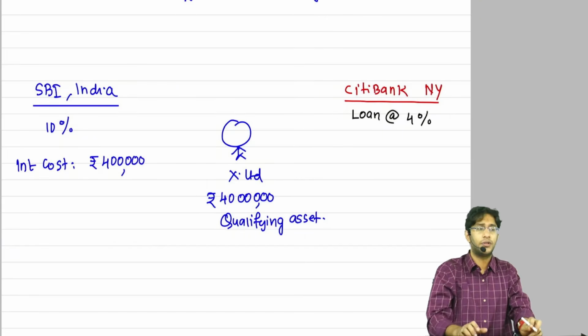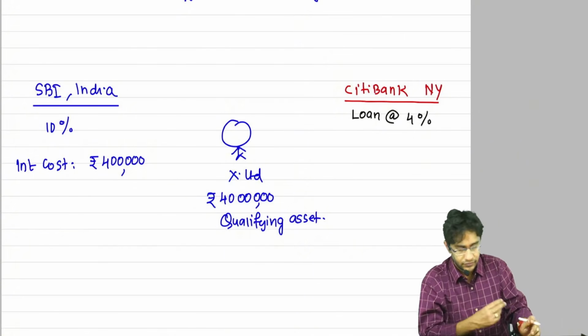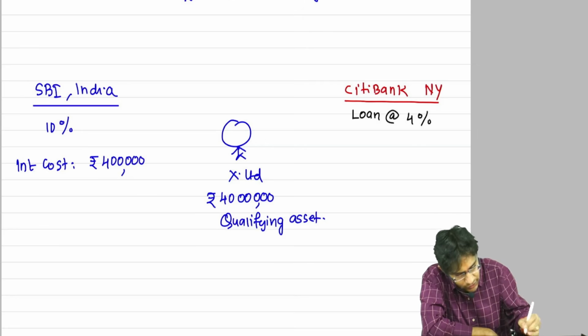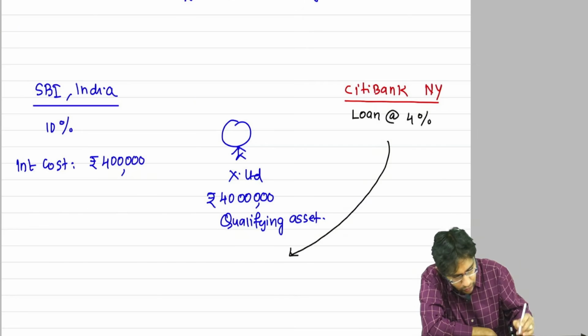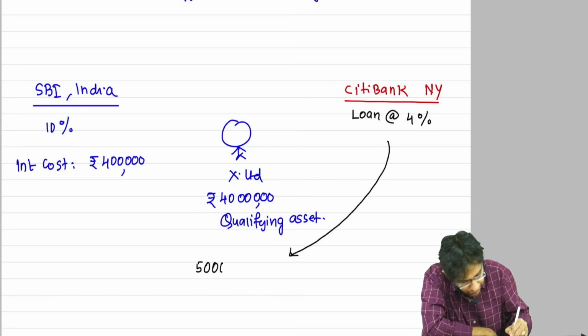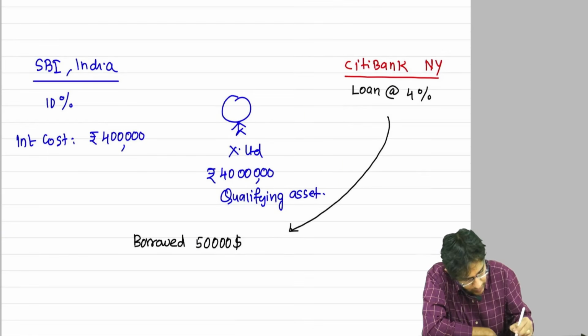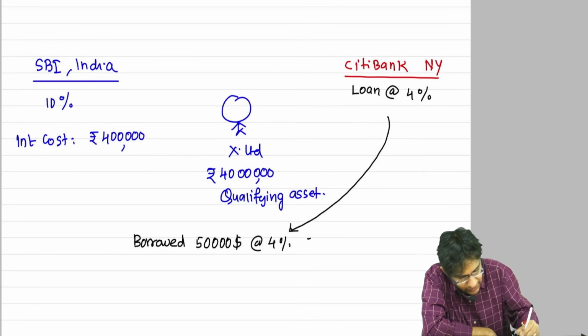Indian interest rate is how much? 10%. That is only coming at 4%. His fellow says, fantastic, sir, I want money, please give up. So, he borrowed $50,000 at the rate of 4% from a US bank.